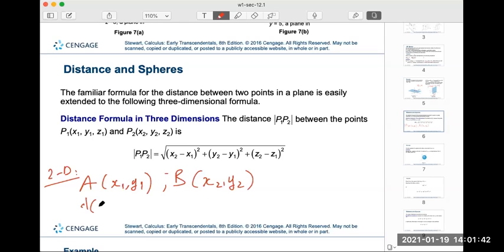So the distance between A and B, do you remember the formula of this? Can you tell me?